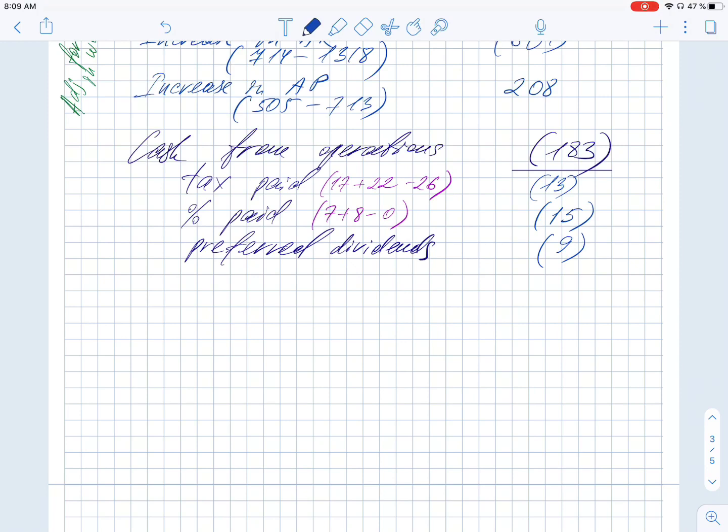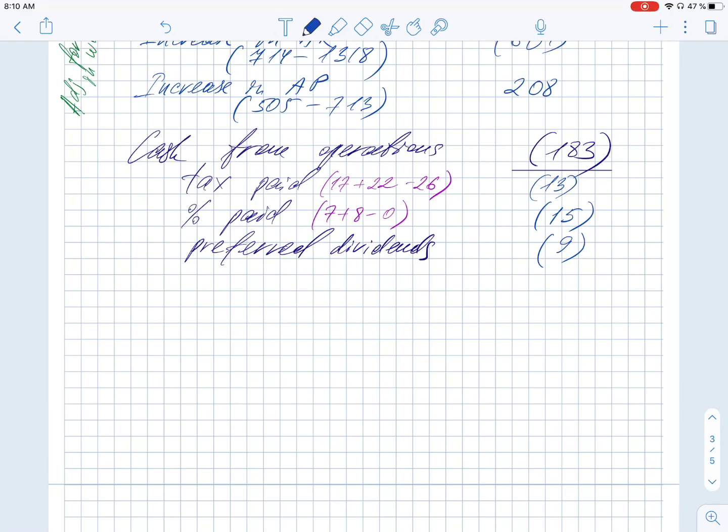This is normal because the accounting standard for the cash flow statement tells us that ordinary dividends could be stated in any section of the cash flow statement. You can calculate and state it in the operating activity section, in the investing activity section, or in financing activity.